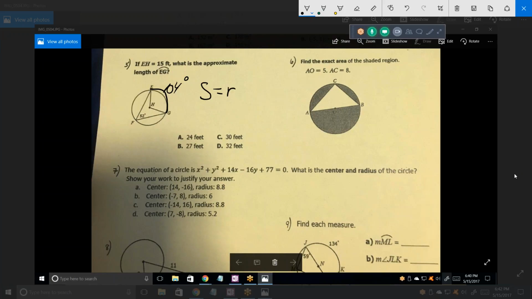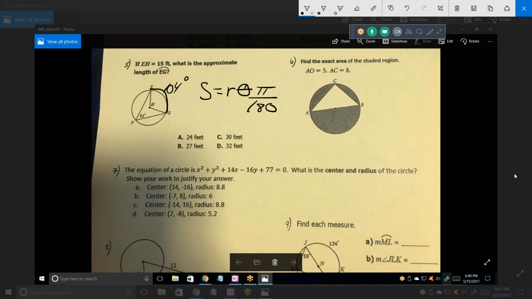It's r theta. If theta is in radians, you probably don't know what a radian is yet, do you? Sort of. Okay. Well, if it's in degrees, it's just this. Okay. So that's the formula for arc length. We'll solve it this way, and then I'll tell you another way to do it that I almost find easier.